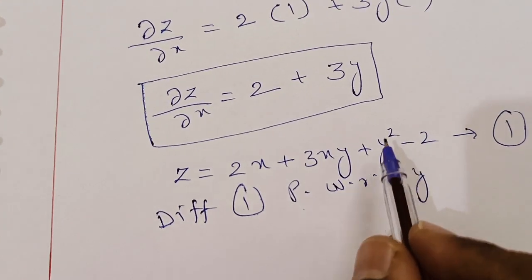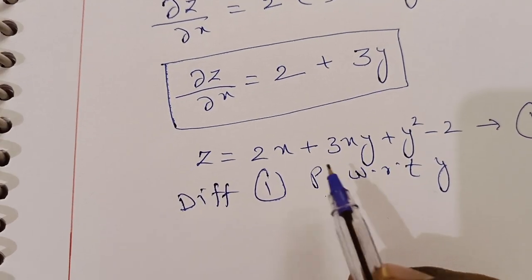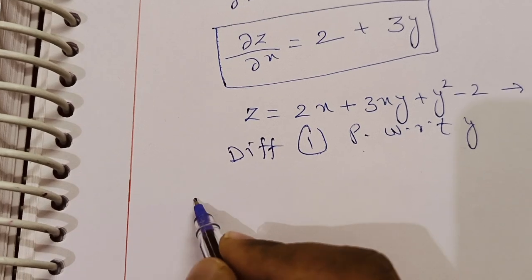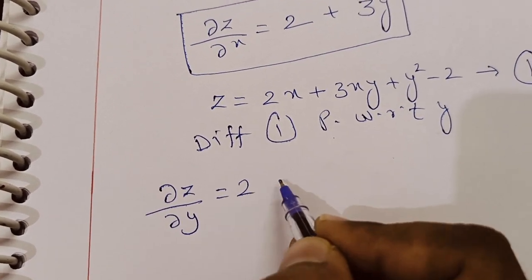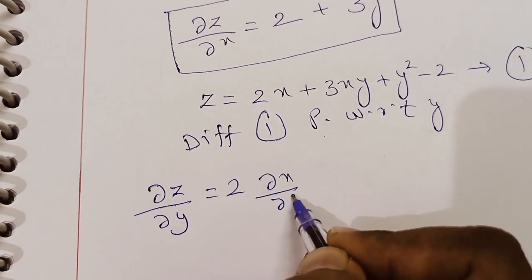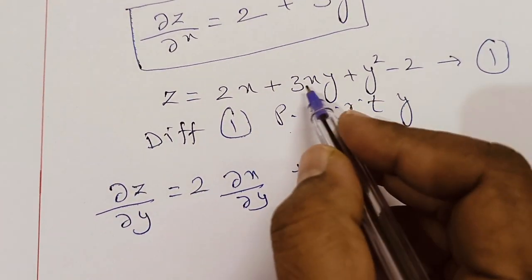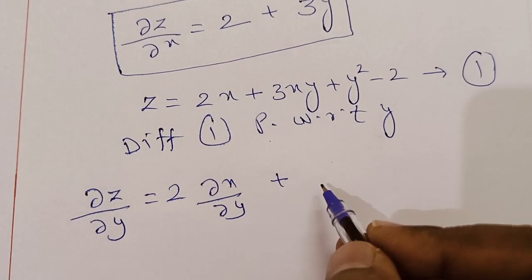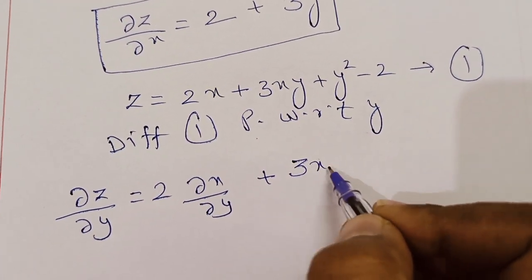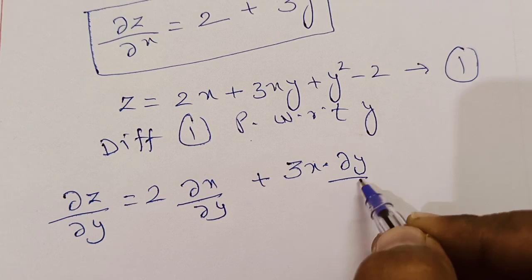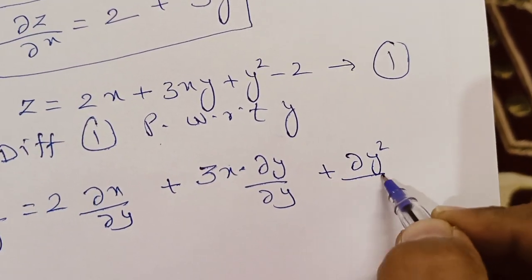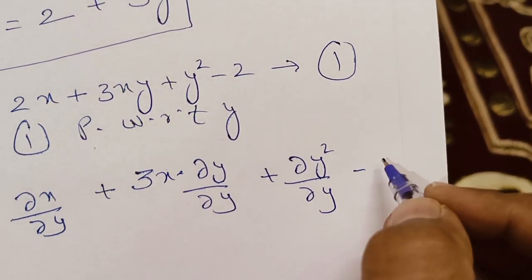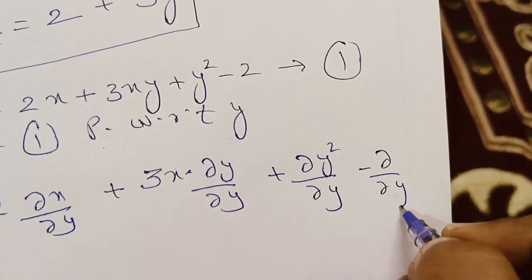When we differentiate with respect to y, x is constant. So here we will write dou z by dou y is equal to 2 dou x by dou y plus 3x. These two terms are constant. So we will write 3x into dou y by dou y plus dou y square by dou y minus dou by dou y of 2.